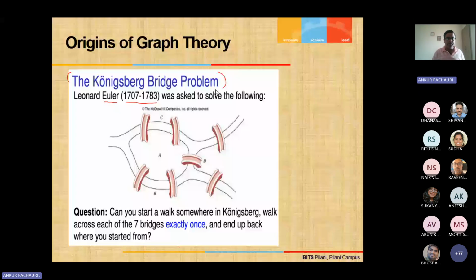There was a town surrounded by a river. Some parts of the land were covered by the river streams. There were many land areas, and all those land areas were connected by bridges. The parts of the city were connected by 7 different bridges.